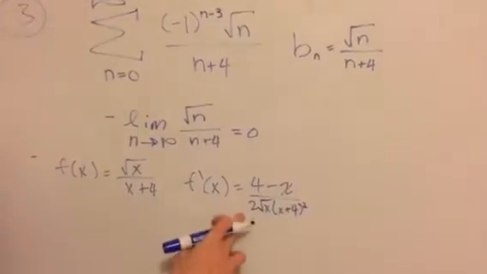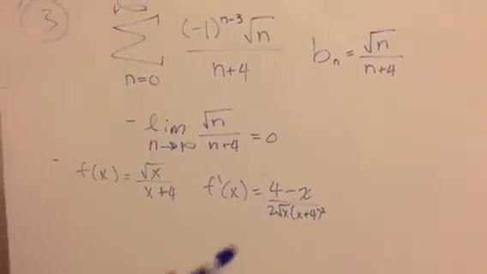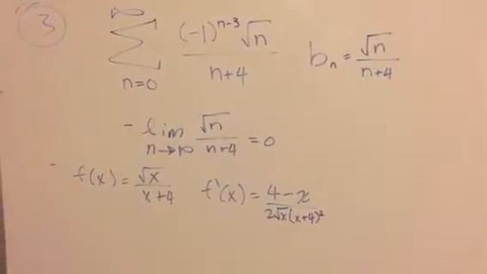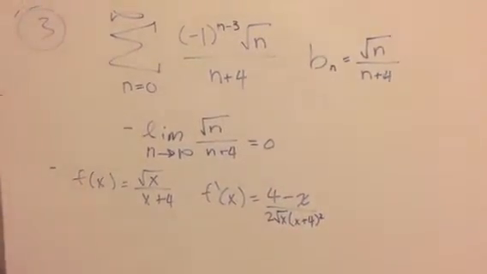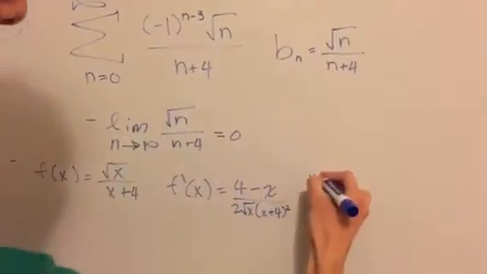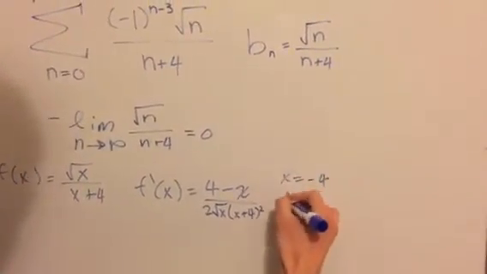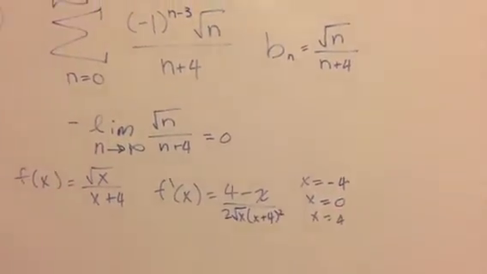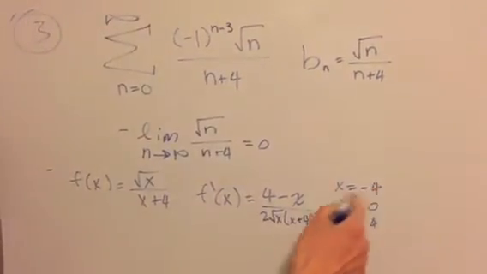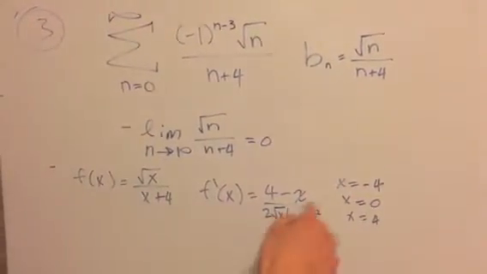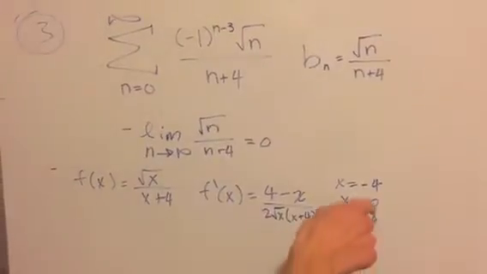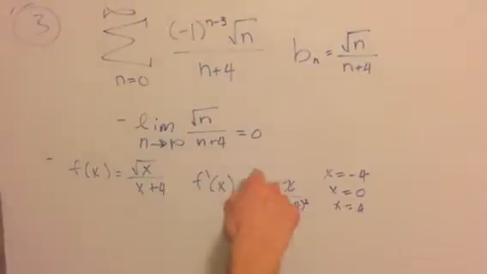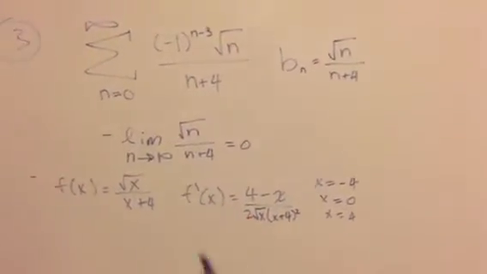So that's the derivative, and this derivative has 3 critical points, which are x equals -4, x equals 0 and x equals 4. When x is equal to -4, the denominator is undefined, and when x is equal to 0, the denominator is undefined, and when x is equal to 4, the numerator is undefined, and the slope is 4.